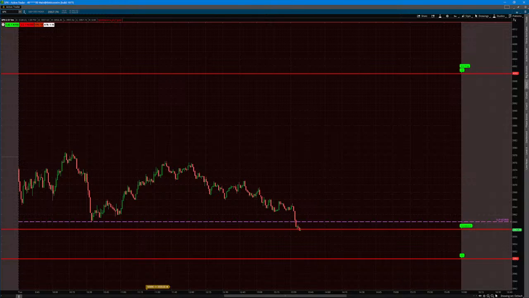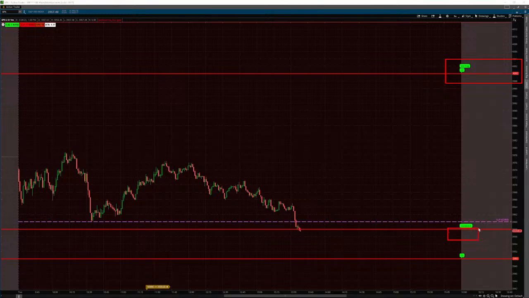So here's the 4000 level up above, and then the 3960 level, again indicated in the SpotGamma AM Founders Note to act as support, and it did earlier today, and it looks like now price has broken through and may be heading down to 3950, which is the next support level.